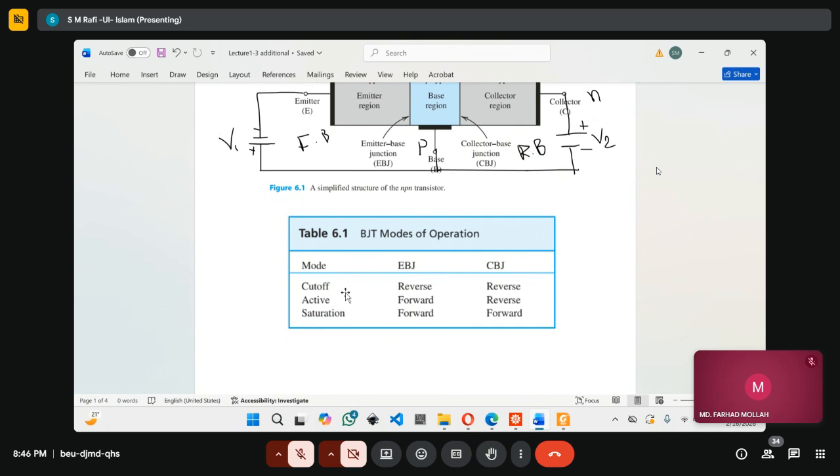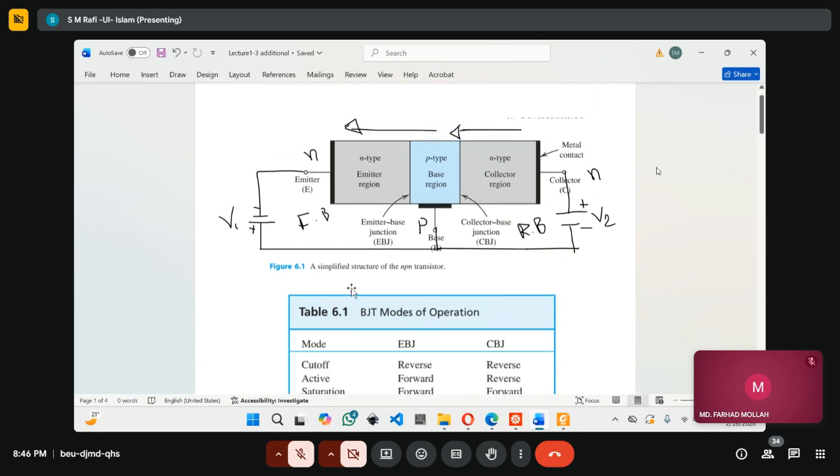Later on we'll discuss the amplification part. For that case, we need to make sure this transistor is in active mode, so that the emitter-base region should be in forward bias, whereas the collector-base region should be in reverse bias.